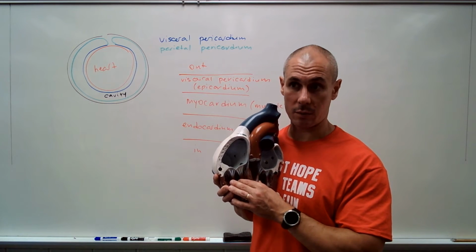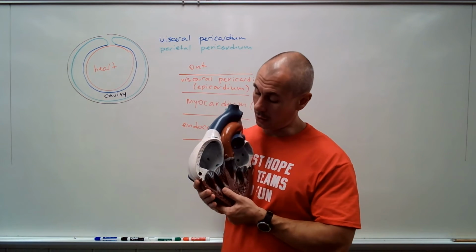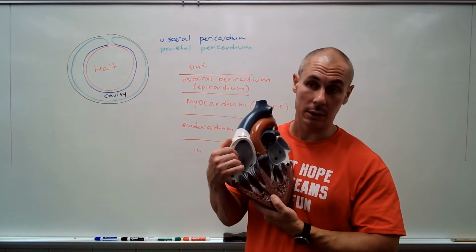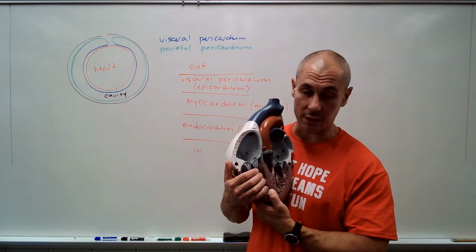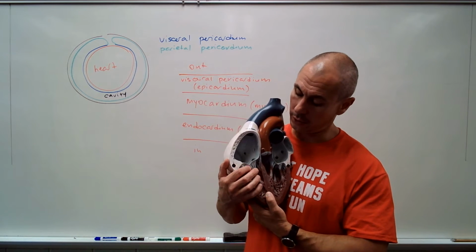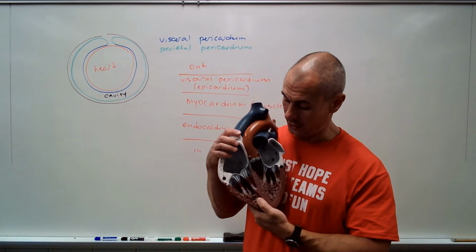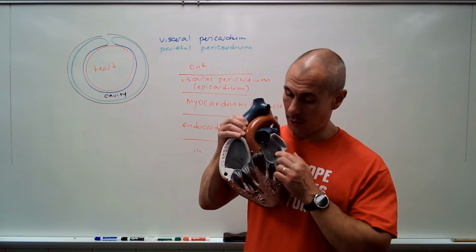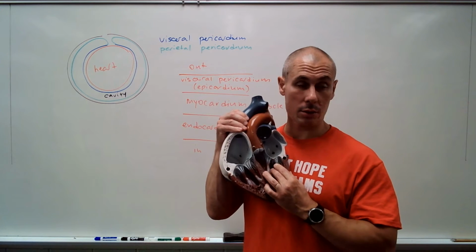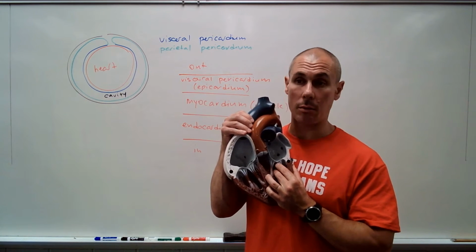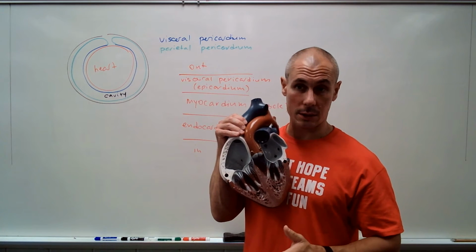Atrioventricular, because they separate atria and ventricles. And specifically the valve that separates right atrium and right ventricle is called tricuspid, while the valve that separates left atrium and left ventricle is called mitral or bicuspid. Does that make sense?